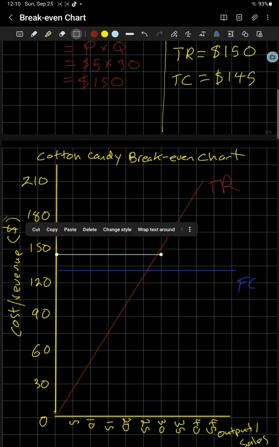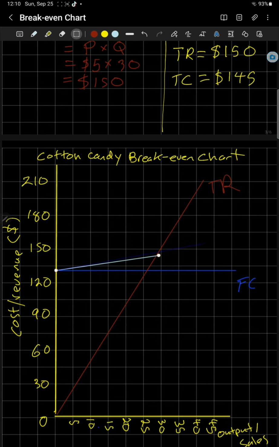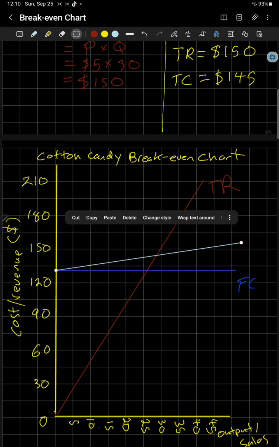My tablet really didn't fix that too well, so let me fix that. And extend it. There we go, roughly. And then we label that.